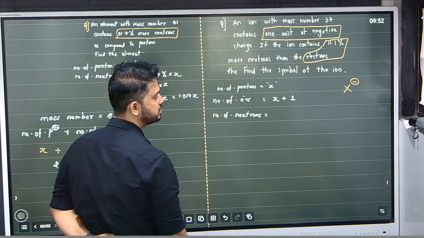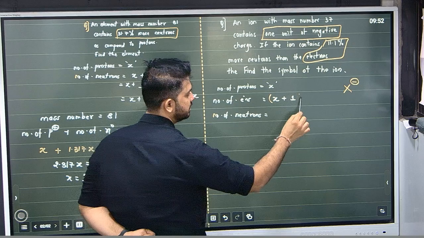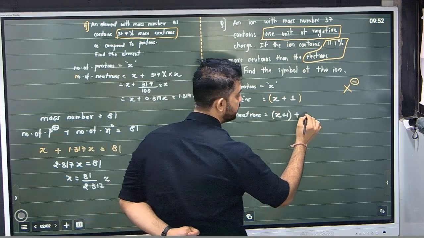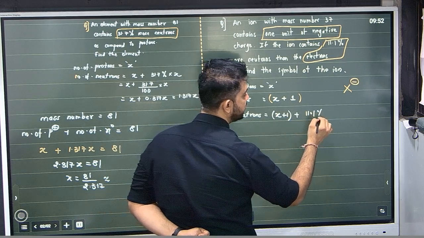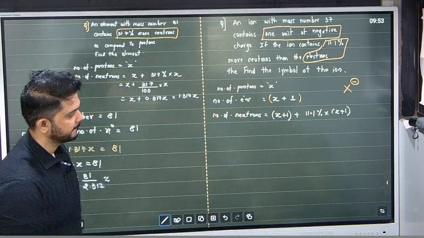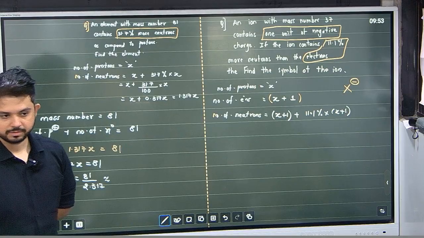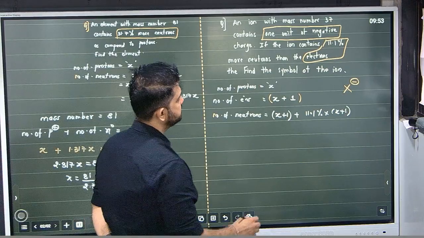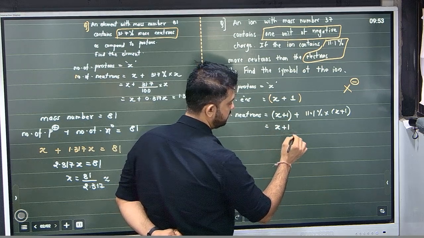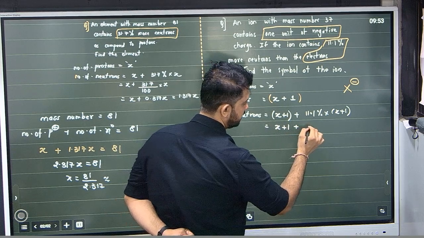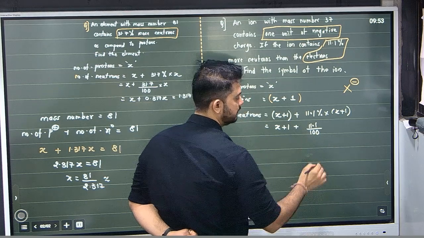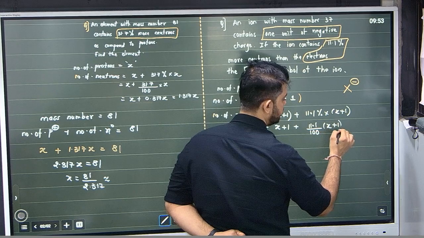How many electrons are there? x plus 1. x plus 1 plus 11.1% of that, with me? It is equal to x plus 1 plus 11.1 over 100 into x plus 1.